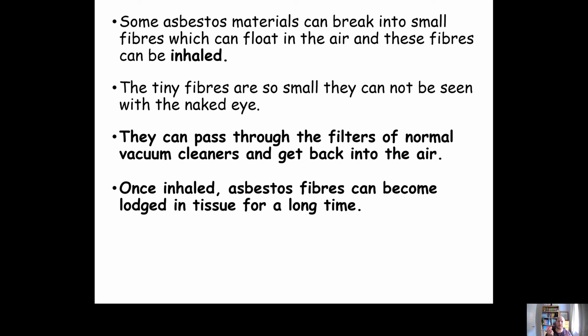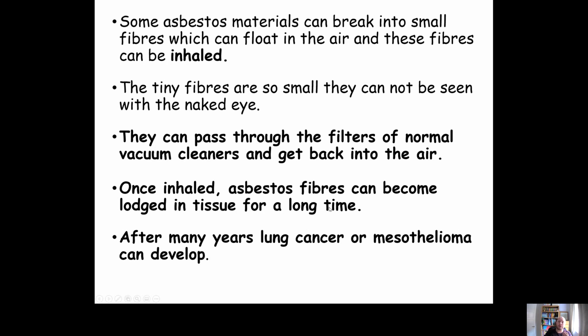These vacuum cleaners pick up specks of dust, but the asbestos fibres are so small they'd even pass through these filters. So you need to make sure that you don't release the fibres, essentially, because then if people breathe them in, they stay in their body for many years, causing damage.